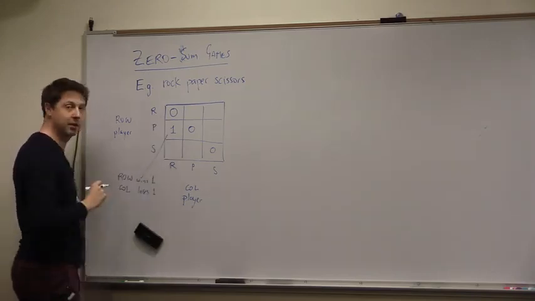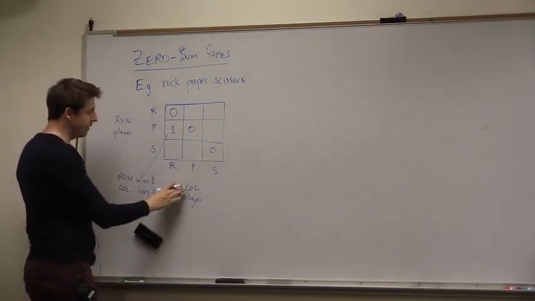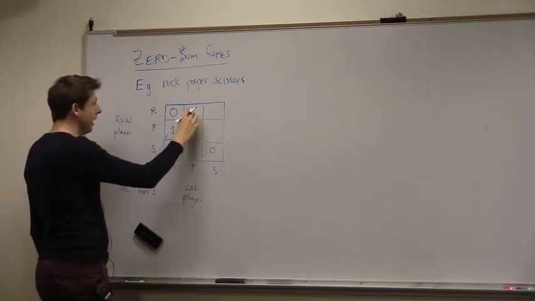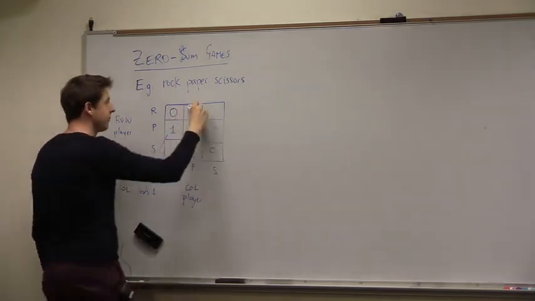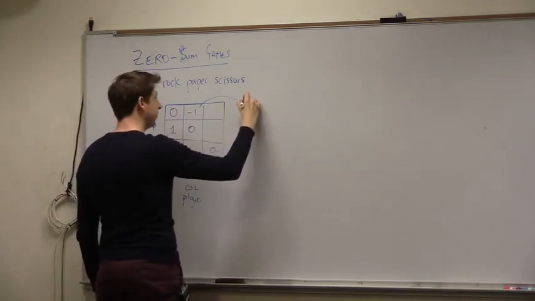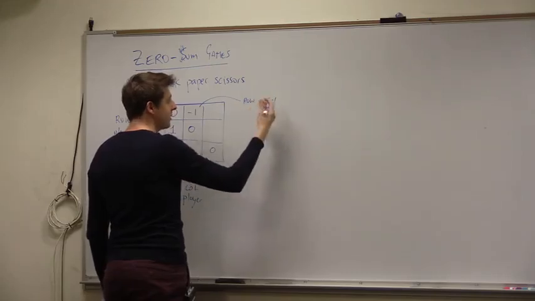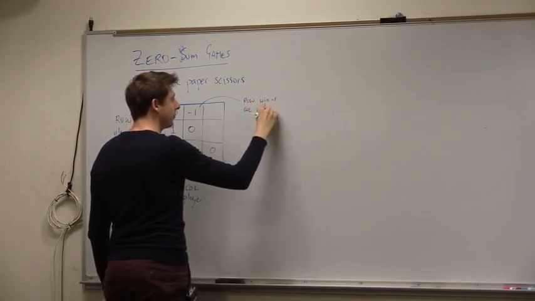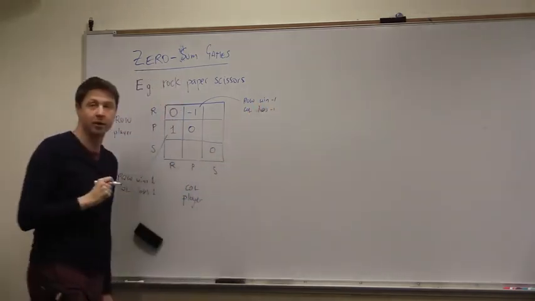So we're taking the perspective of the row player. Okay? So by symmetry, when the column player plays paper and the row player plays rock, here, because we're taking the perspective of the row player, we're going to put a minus 1, okay? Because this would be saying that row wins -1, which means it loses 1, and column wins, so loses -1, which means that he wins 1.